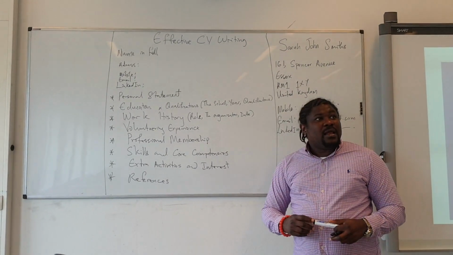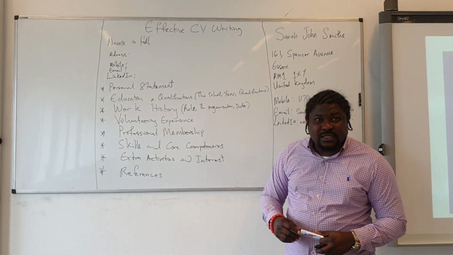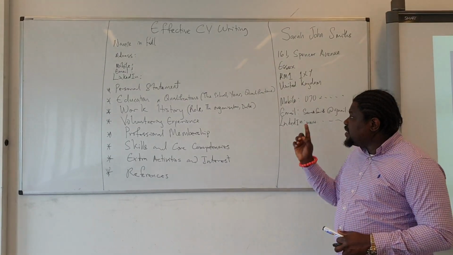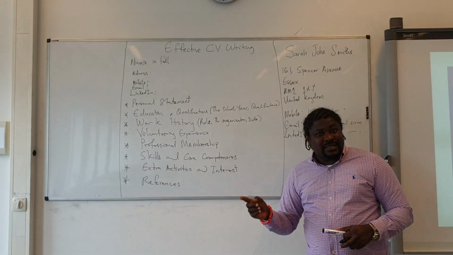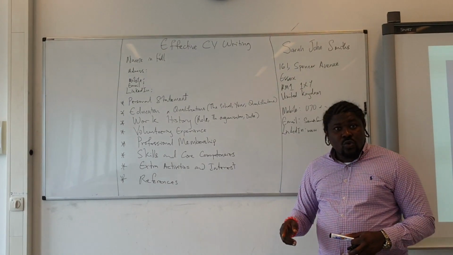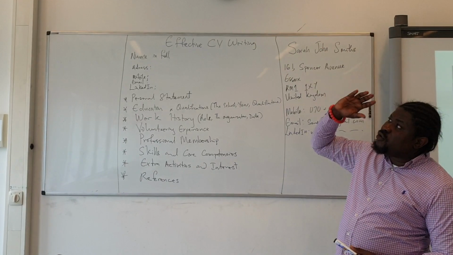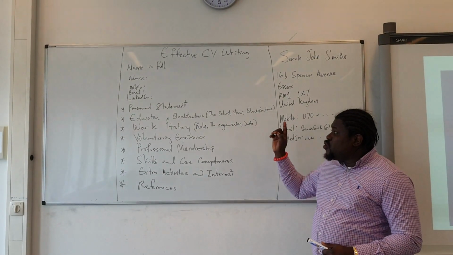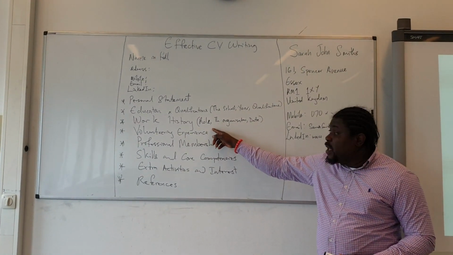And that could be that you were logistics assistant. And then you go, logistics assistant, XYZ Limited, March 2016 to June 2017. So you start from your most recent job, working it down. Remember, in the work history, you have to mention the role in the header of each job done.